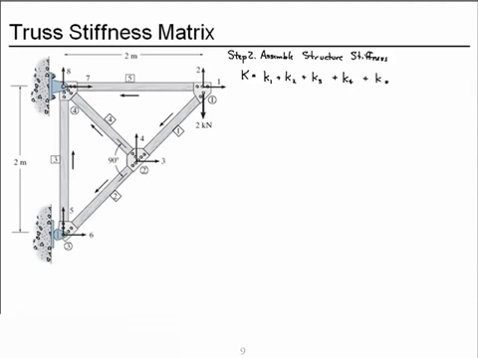But that summation is done by degree of freedom. So for example, the entry or coefficient 1, 1 in the structure stiffness refers to the force generated at degree of freedom 1 due to a unit displacement at degree of freedom 1.